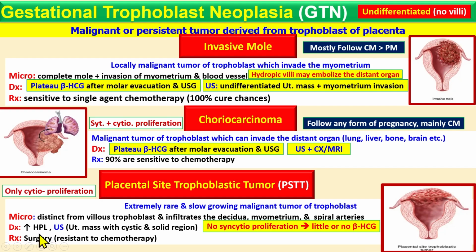The diagnostic is that the human placental lactogen level is high in the placental site trophoblastic tumor, and on ultrasound you see a uterine mass with cystic and solid regions. When you see that, it is a placental site trophoblastic tumor. Although it is a rare tumor, it is resistant to chemotherapy, so the option is surgery, meaning total abdominal hysterectomy.